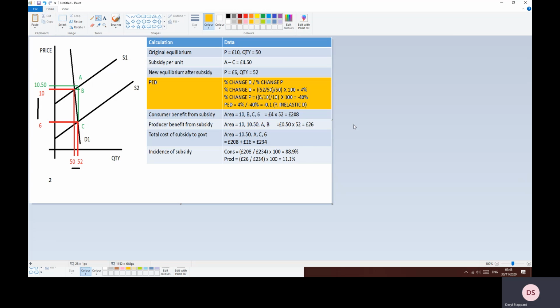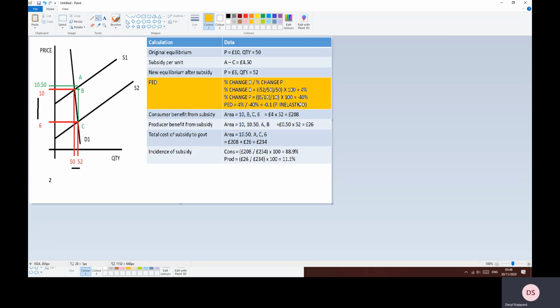So if I use the PED formula now, percent change in demand divided by percent change in price, I've got 4 divided by minus 40. So I've got a score of minus 0.1. Remember, anything between 0 and minus 1 would signal a price inelastic demand. So this is extremely price inelastic.